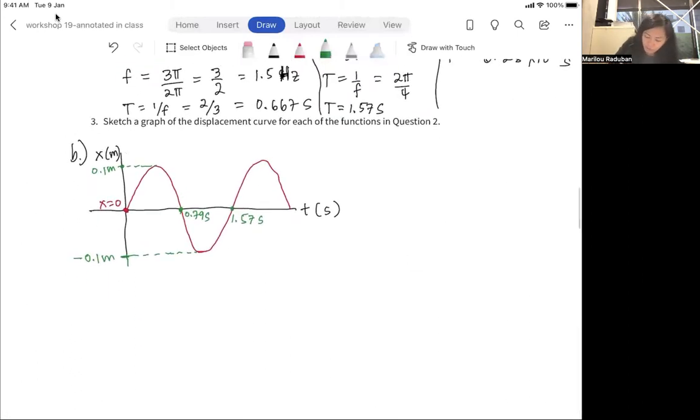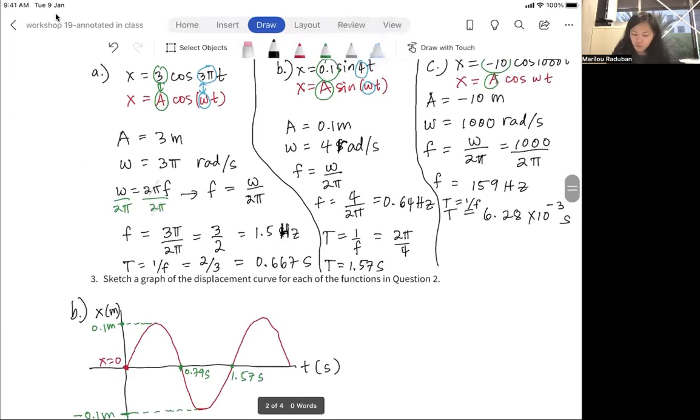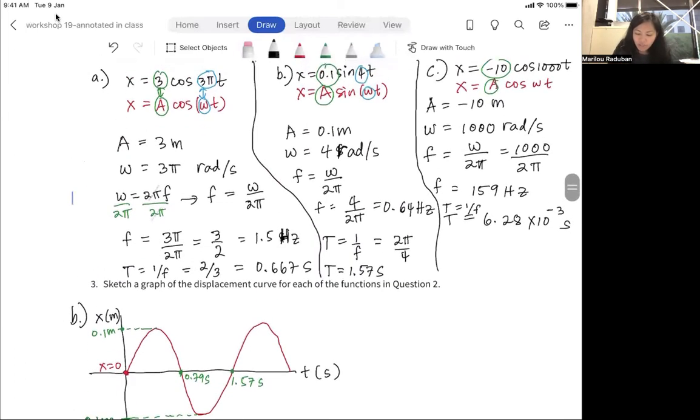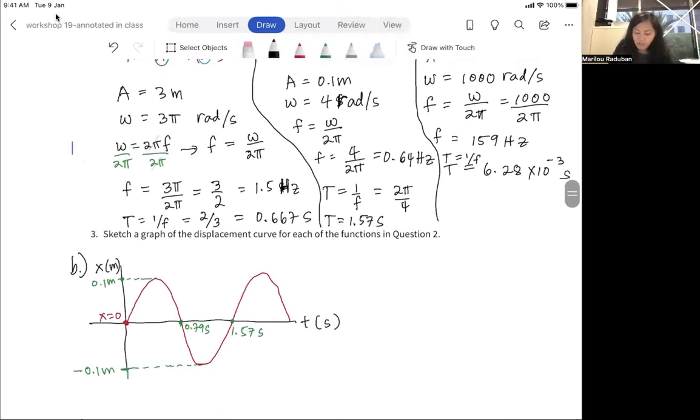Okay, and then for the graph of question A, 3 cosine 3 pi t, it will look like this graph for question B. It's also the same sinusoidal curve that starts from x is equal to 0, but it will only change in the numbers for the amplitude.